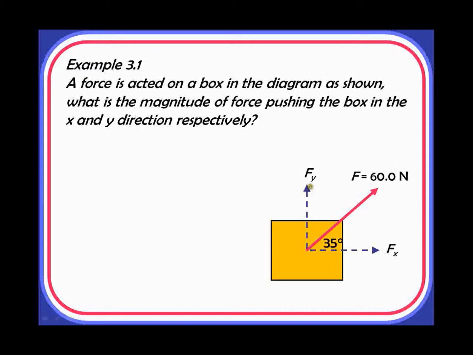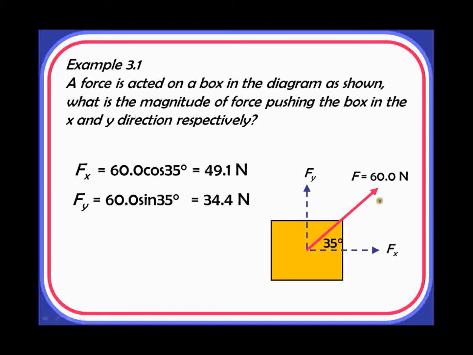You can see that if I were to shift my vector Fy to here, let me enable the pen first. If I were to shift the vector Fy here, this is my Fy. Fy and Fx will be perpendicular, right?